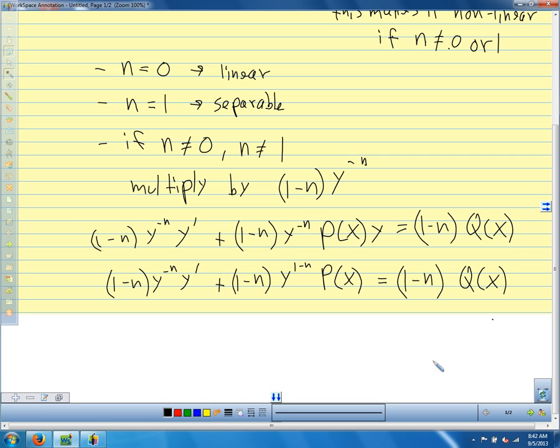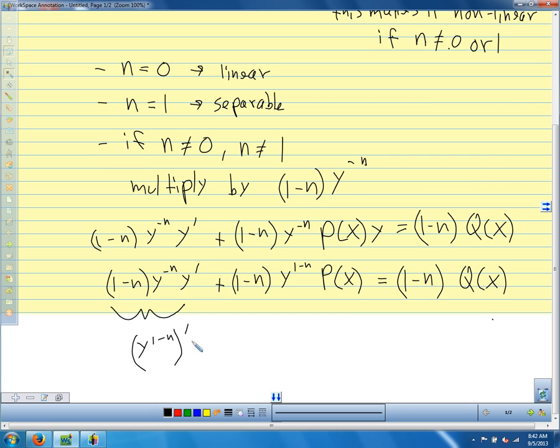Well, what is this quantity here? So think about this. I have a y to the 1 minus n here. What is this quantity compared to this quantity? What is it? The derivative. So this is y to the 1 minus n prime.